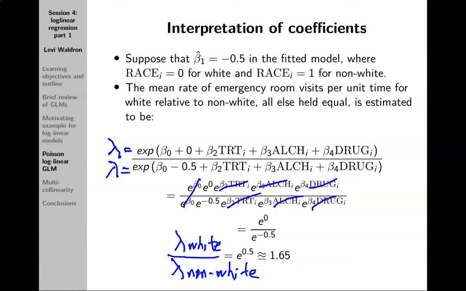So this is telling us that the mean rate of emergency room visits expected based on this regression is 1.65 times higher for white study participants than non-white study participants.